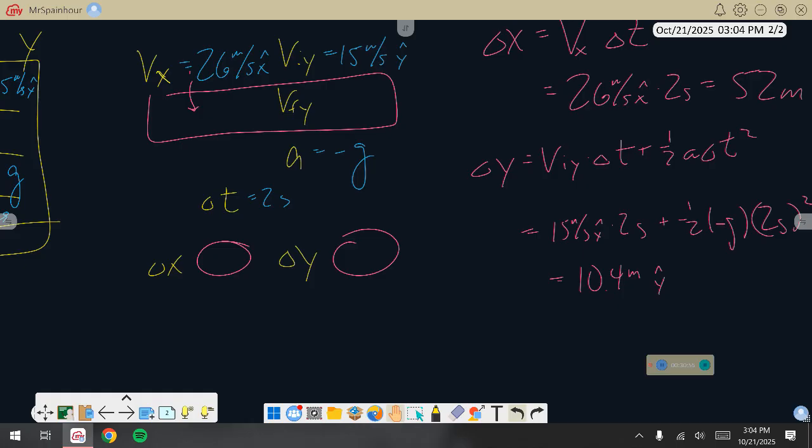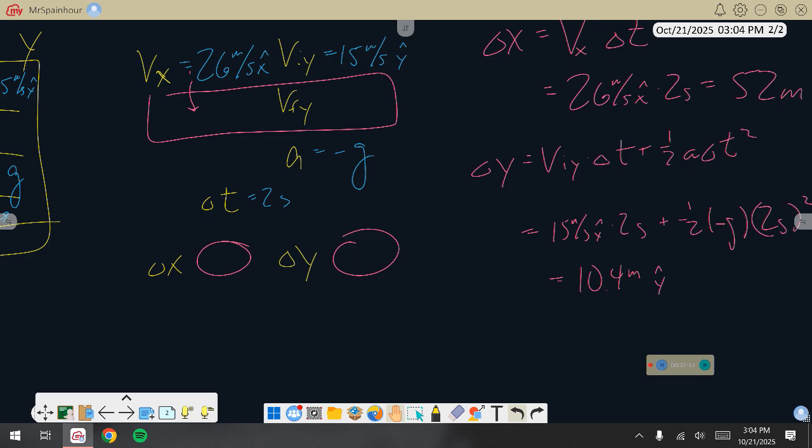Let's ask about the same scenario, but I'm going to ask a different question: where does it hit the ground? This is very similar to the very first problem, where does the thumb hit the ground? Let's talk about what should stay the same and what should be different. Should I start with the exact same velocity in the x and the same initial velocity in the y if it's the same ball and the same scenario?